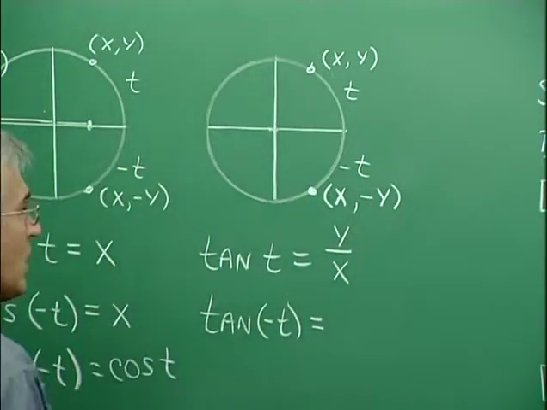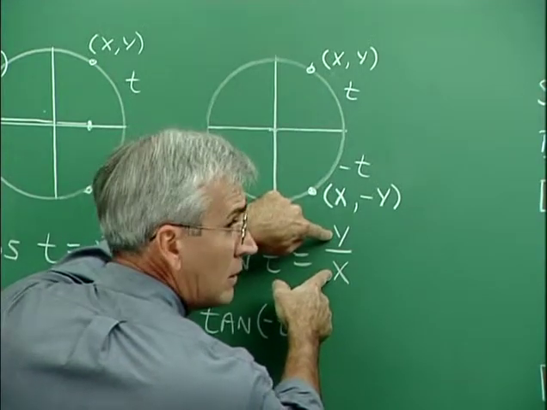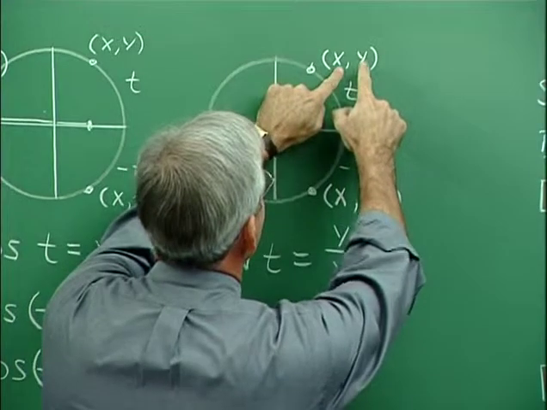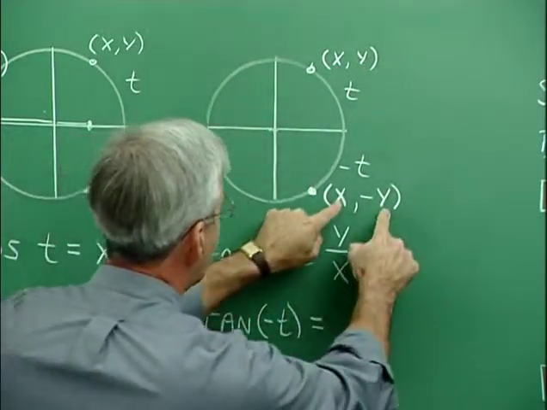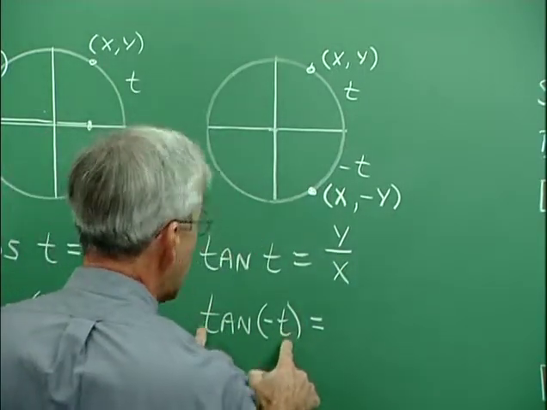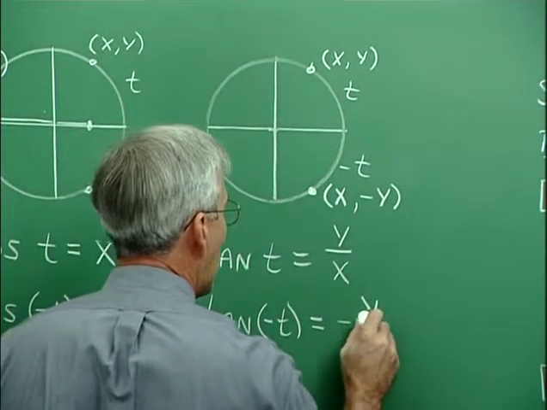So for the tangent of t and the tangent of negative t, the ratio is the negative of y over x.